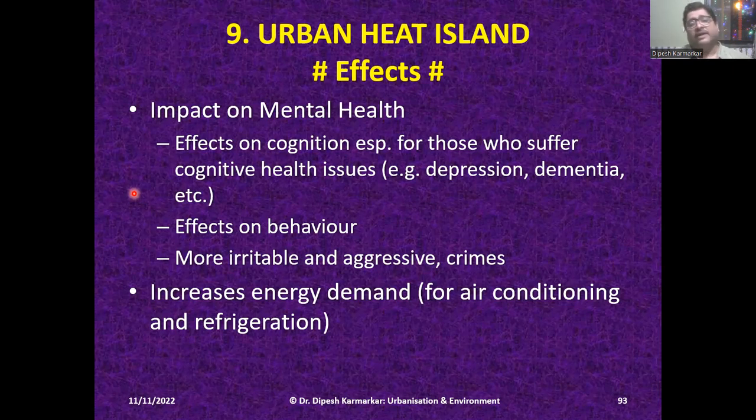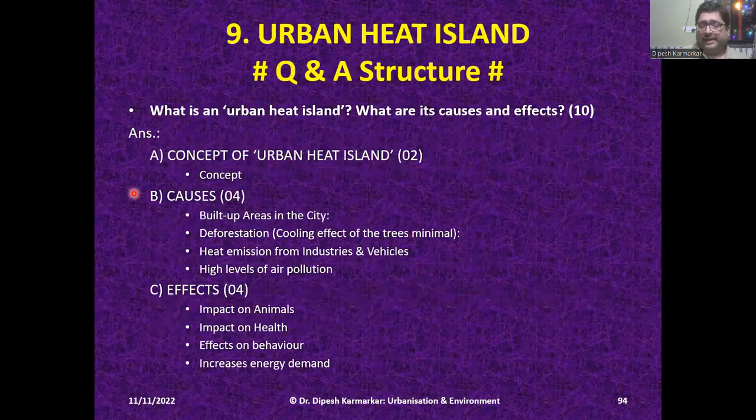As a result, a number of places in the city experience load shedding or electricity cuts and all such related issues. So increasing energy demand is one of the significant effects of the urban heat island.